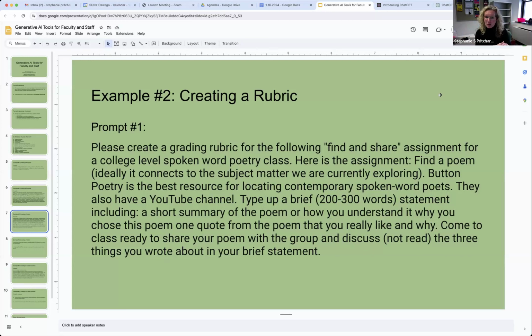After my students find a poem, they have to type up a brief statement that summarizes the poem, how they understand the poem, and why they chose to share it, and they have to include one quote from the poem that they found to be really impactful. Then they come to class and share their poem with the class and talk about why they picked it, right?